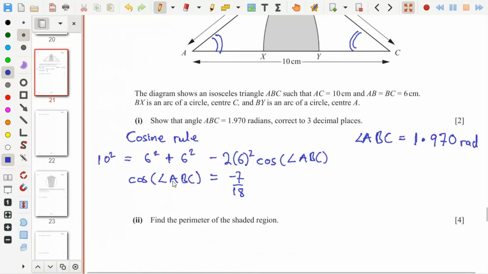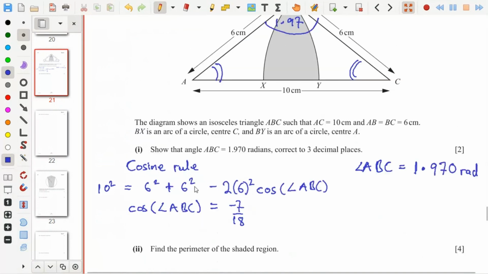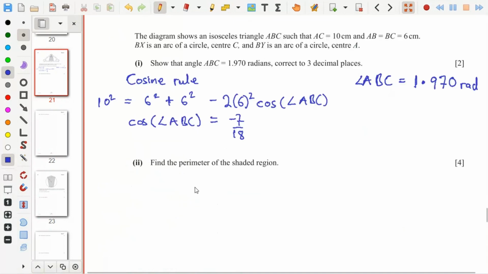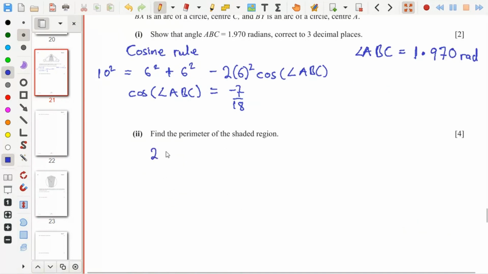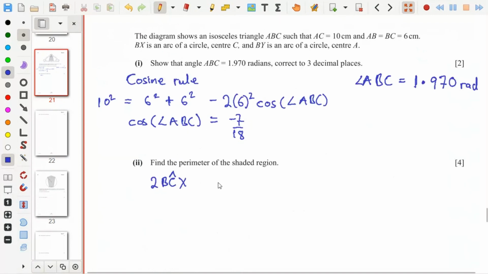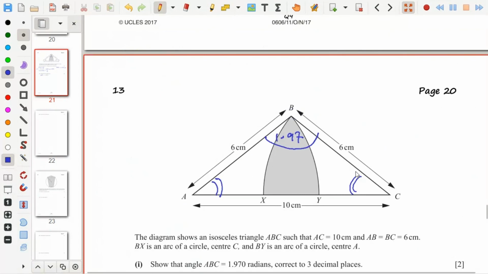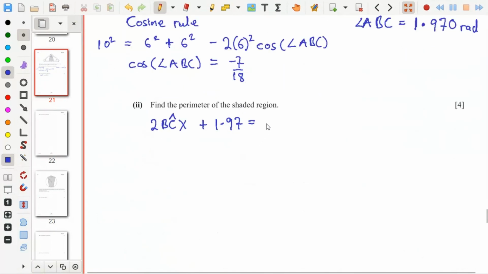Can I say that twice of angle BCX plus 1.97 is equal to the sum of angles in a triangle, which is 180, equal to pi.